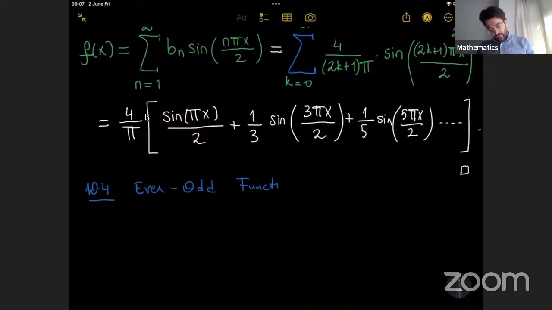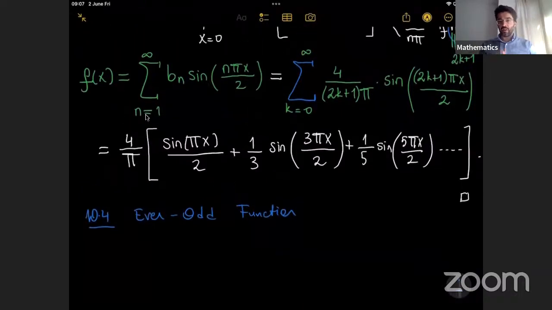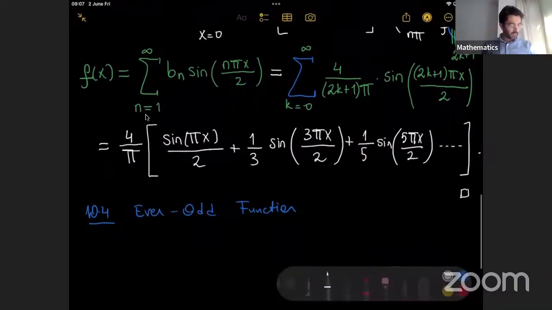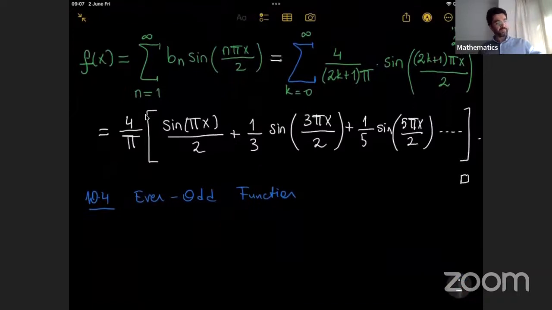In the previous example, we saw that our function is an odd function, and we don't have any term with cosine in the Fourier series. And this is not a coincidence.